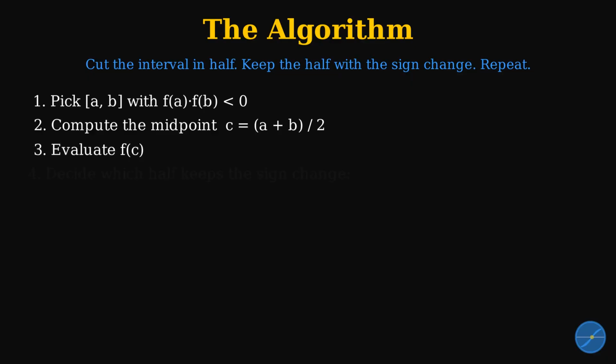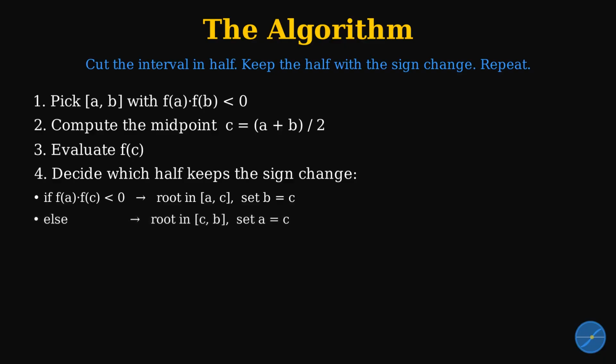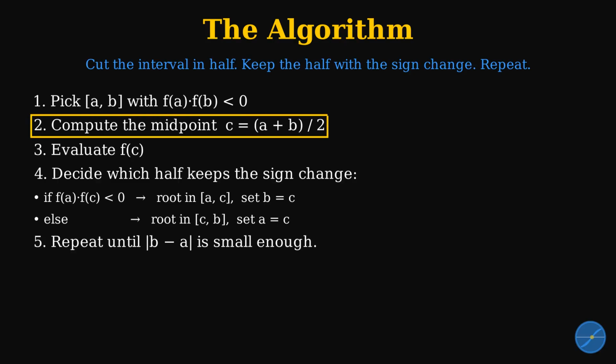Step 4 decides which half keeps the sign change. If f of a times f of c is negative, then the root is in the left half, so b becomes c. Otherwise, it's in the right half and a becomes c. And in step 5, we keep on repeating this until the interval is small enough. If you remember just one line, make it this one. The midpoint is the heart of this method.